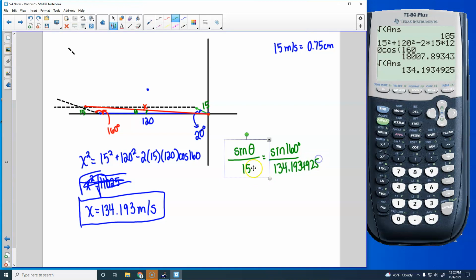So we'll cross multiply: 134.193 sine theta equals 15 sine 160. I divide by the 134.193.